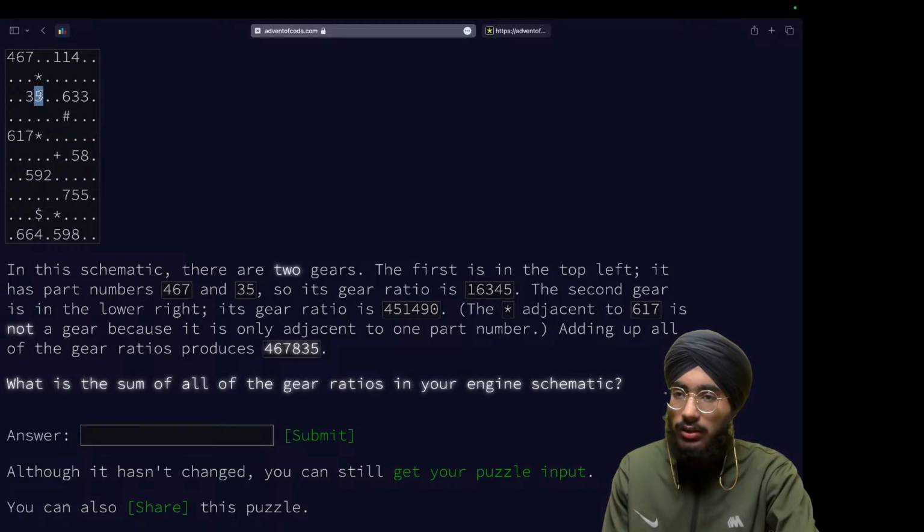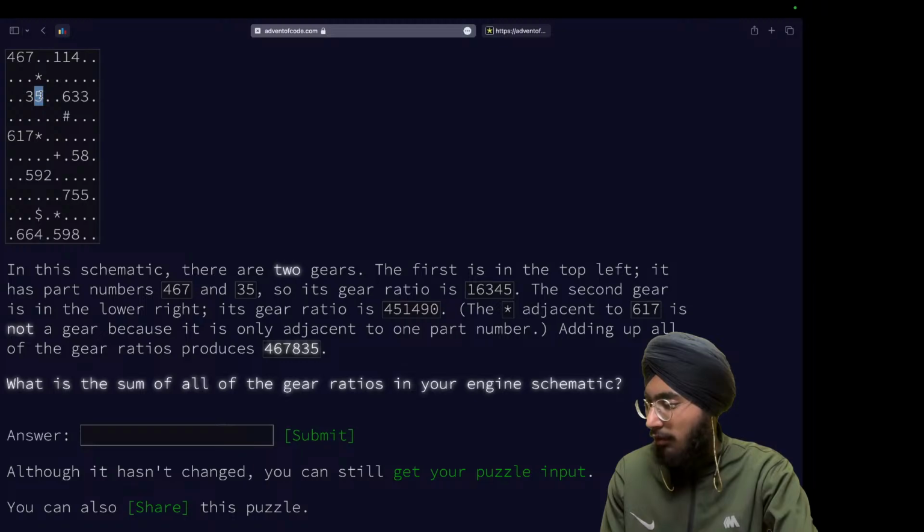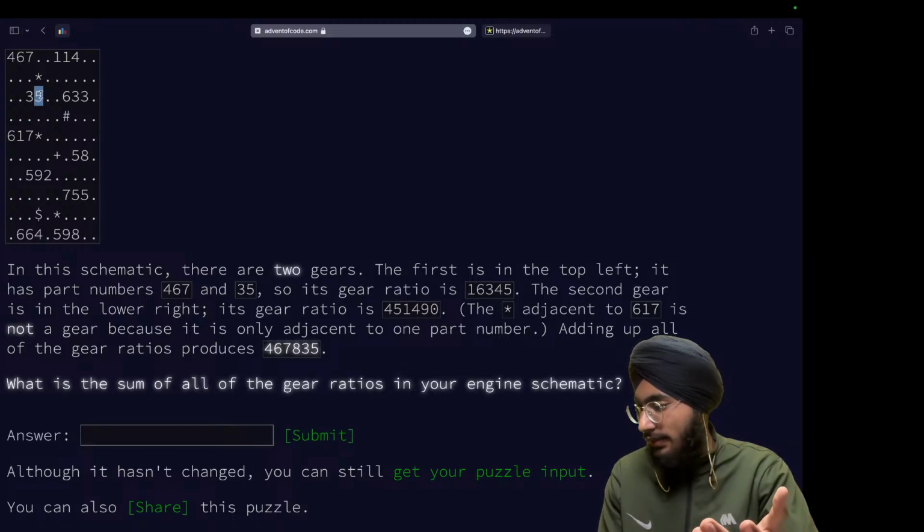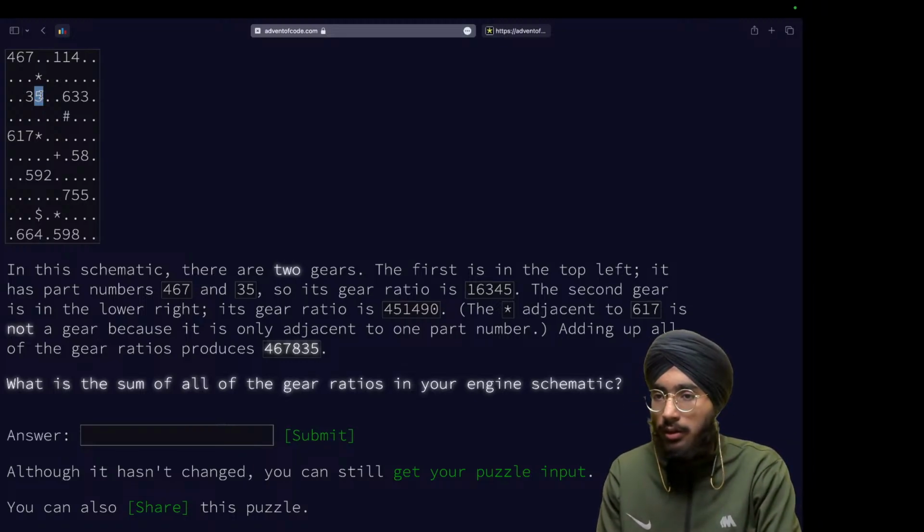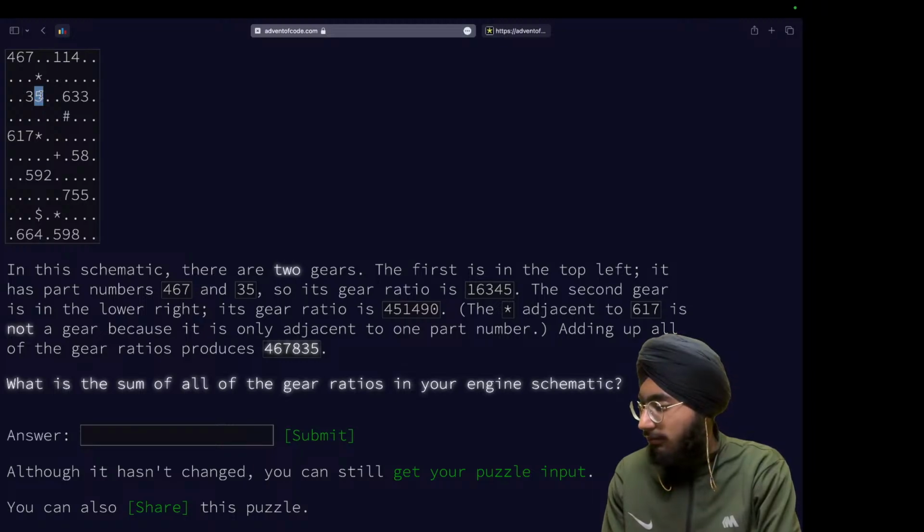And once we pick on something, we don't even know if that is the start of a number or the end of a number. Damn.